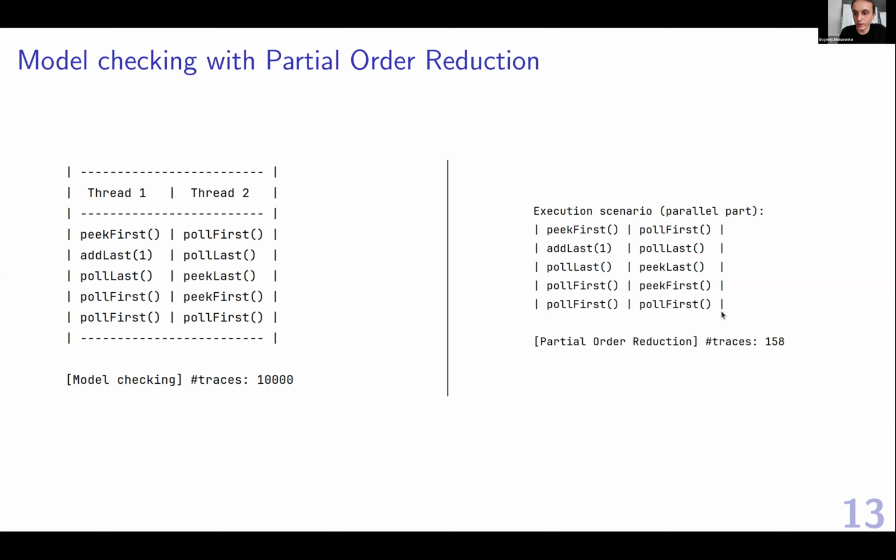Because if you actually have a look at this program, you will see that most of the operations are just kind of pure operations, like poll first, peek last. I mean, sorry, they are not pure, but the point here is that we have only one operation that actually modifies the deque, add last, which adds a new node to the deque, and the others are just trying to remove this node.